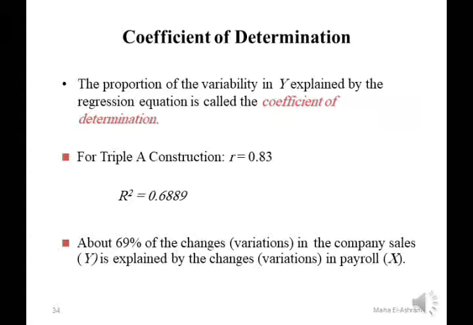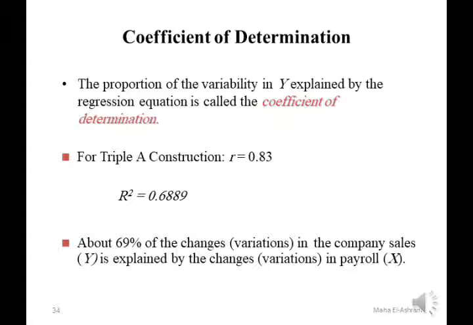In our example, R squared is about 69%. So we can simply say that about 69% of the changes or the variations in the company sales, which is Y. In general, let's start with the general interpretation of R squared, or the general definition of the coefficient of determination.